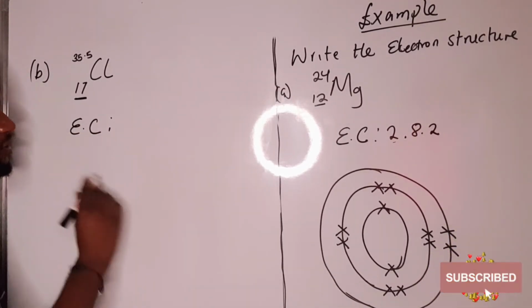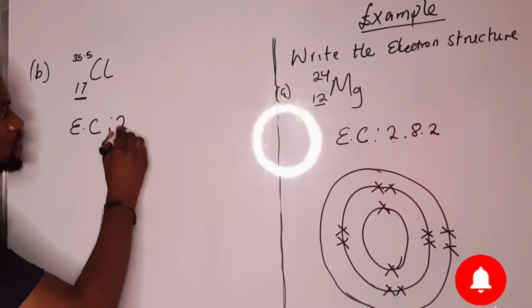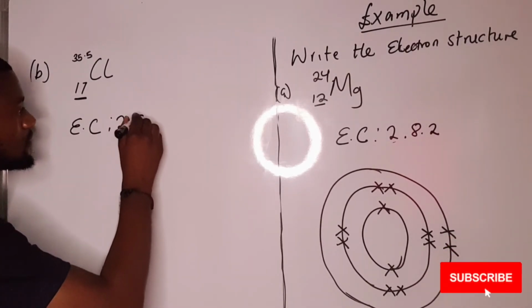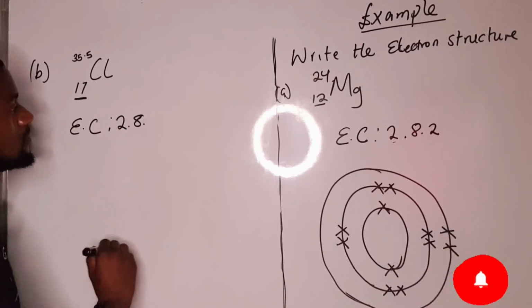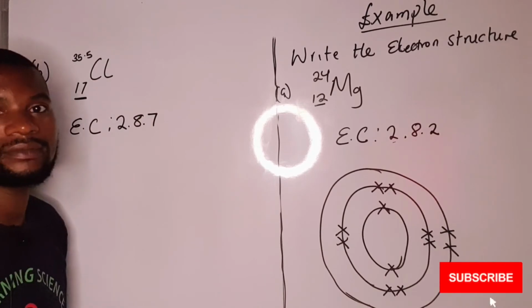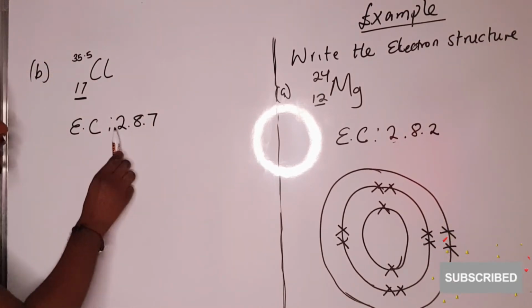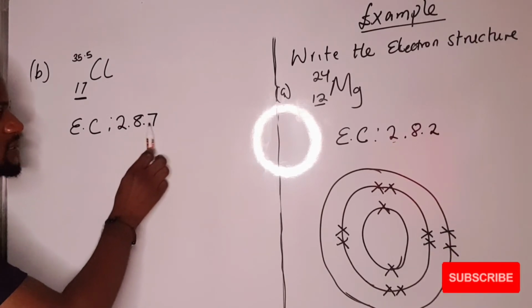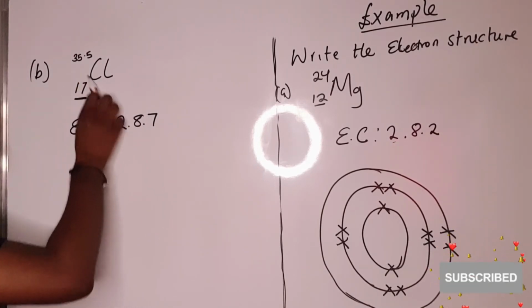The first shell, as usual, has 2 electrons, the second one 8, then the third one 7. When you add 2 plus 8, you have 10, plus 7, you have 17.